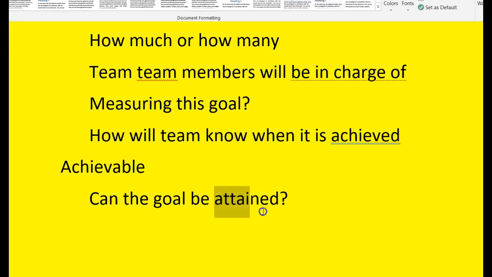Let's stick with achieved here. What specific procedures need to be followed for it to be achieved.